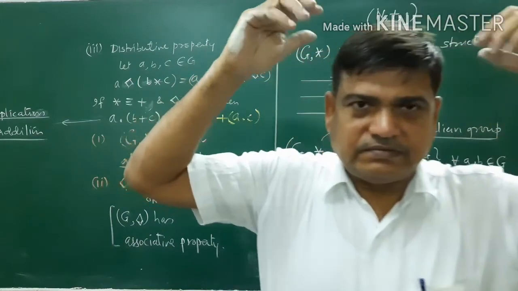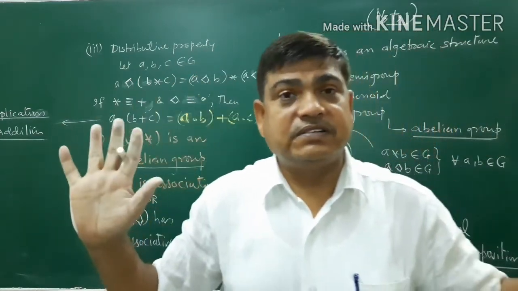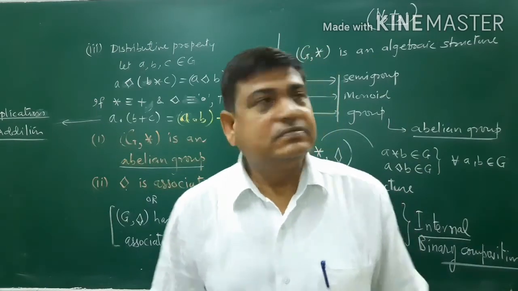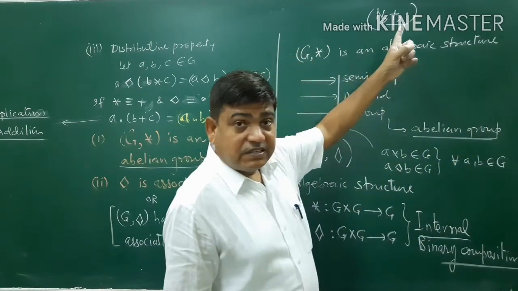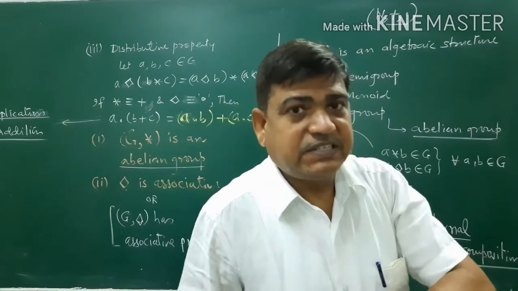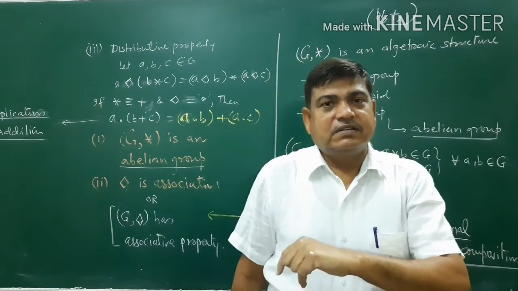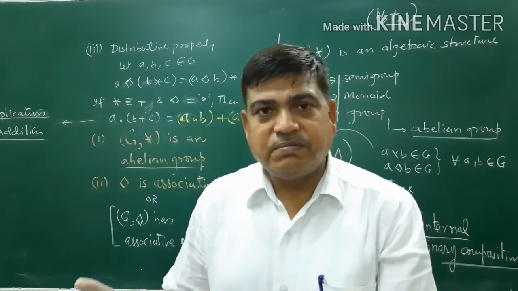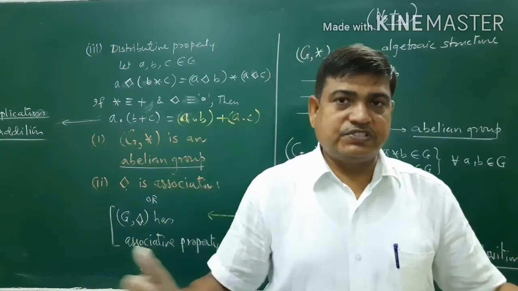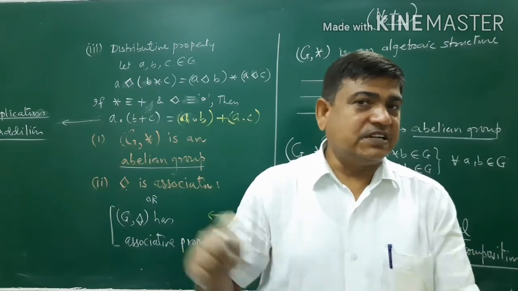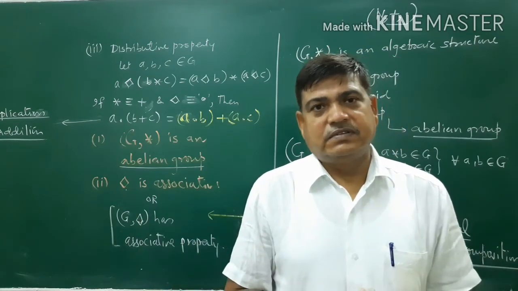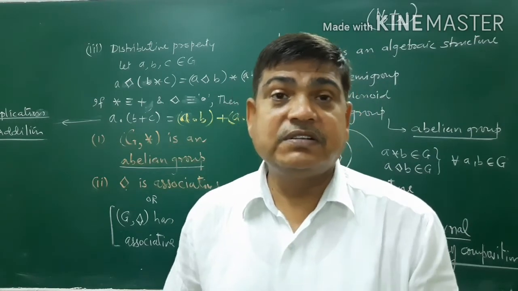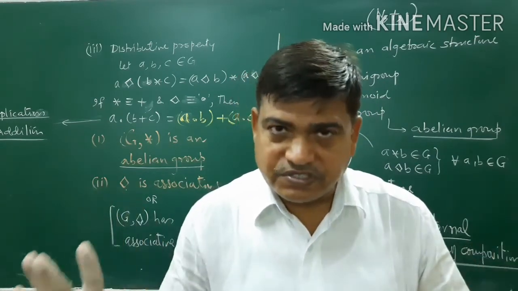It will give a headache, the head will become heavy, and you will not understand. But at that time we people know that addition of any two natural numbers is a natural number. So addition is closed in the set of natural numbers. Multiplication of two natural numbers is again a natural number. So multiplication is closed.